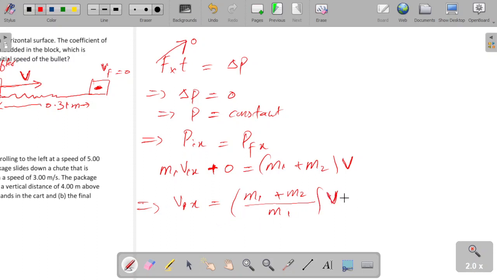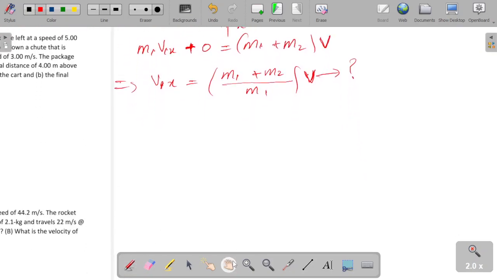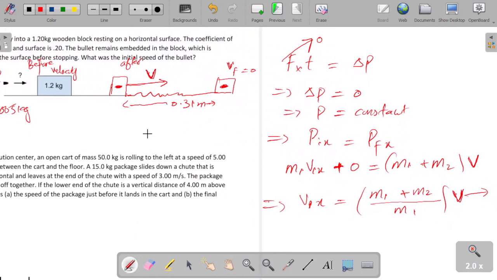In this equation all quantities are known, but the common velocity is unknown. How can we find it? We can find it by introducing another concept, the work energy theorem. What happens here? All the kinetic energy of this block is consumed by the work done against the friction.